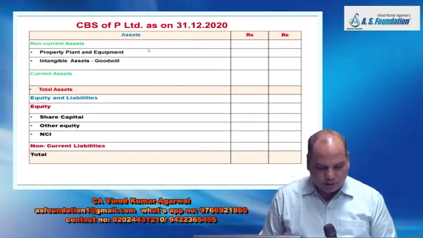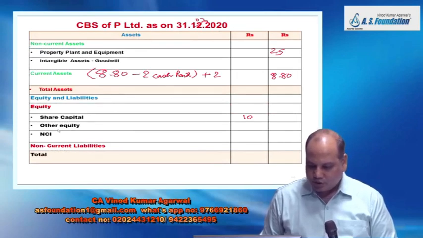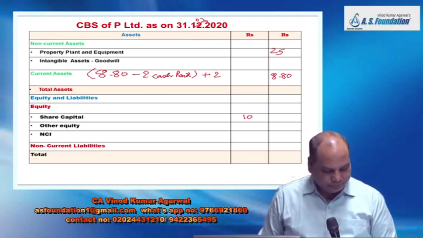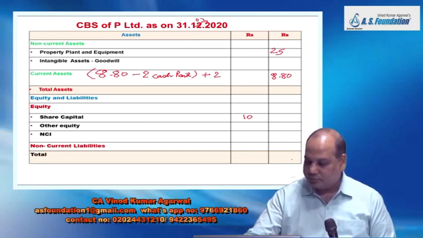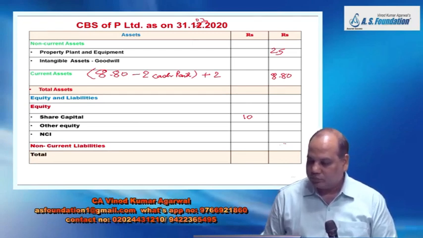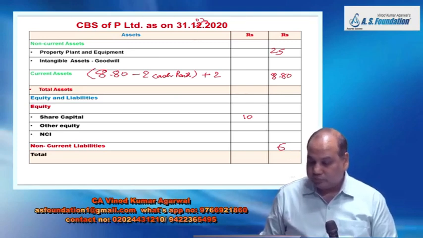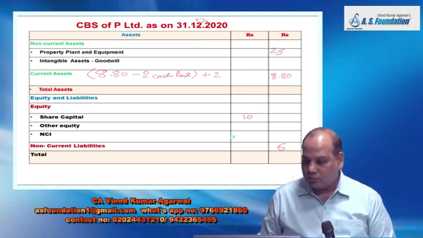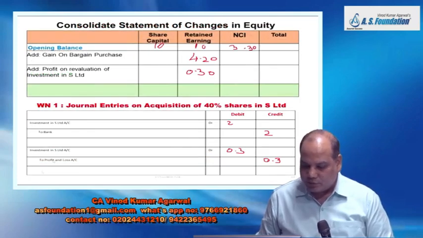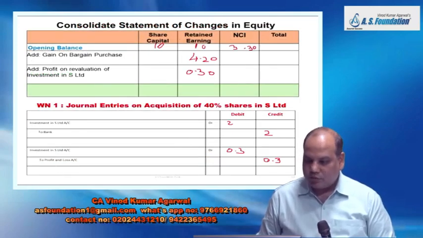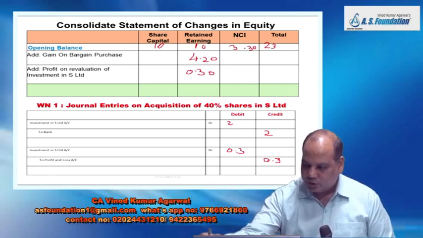One more item is pending in the SOFP, non-current liabilities. Total 5 plus 1. Is it 6? Okay, now we'll complete this table first. SOCIE. 10 plus 10 plus 3.30, 23.30.